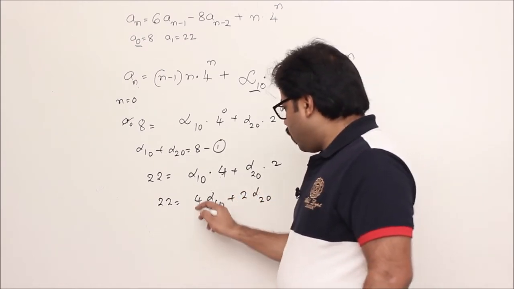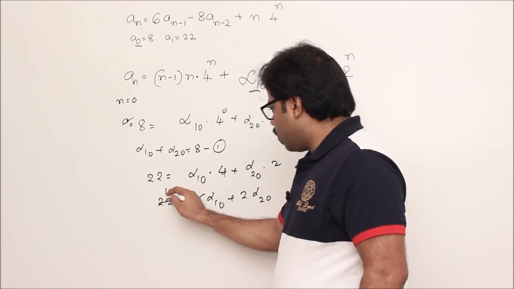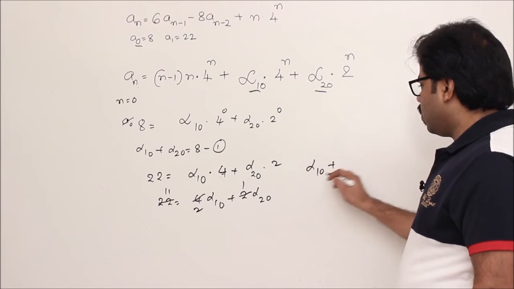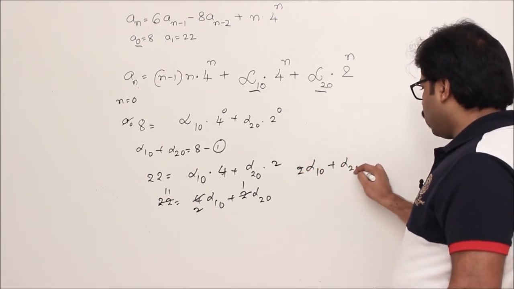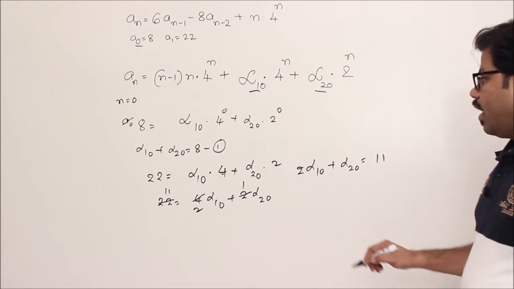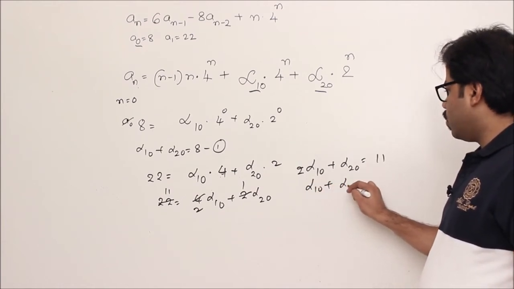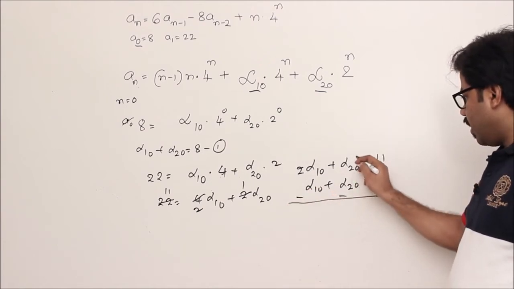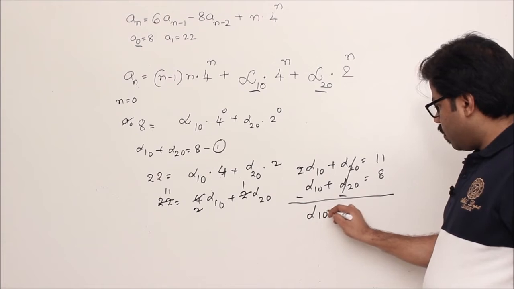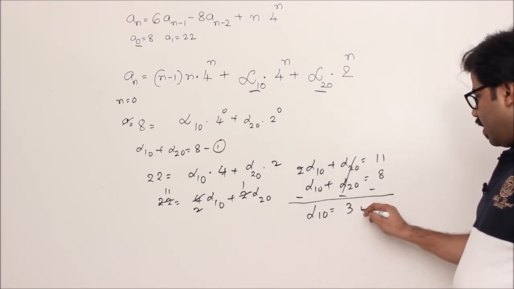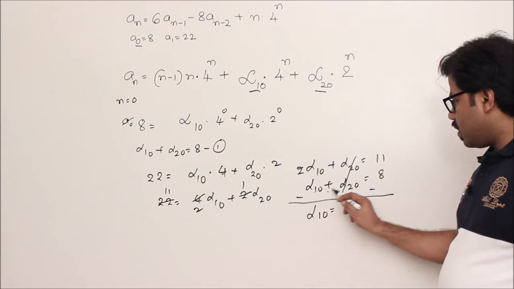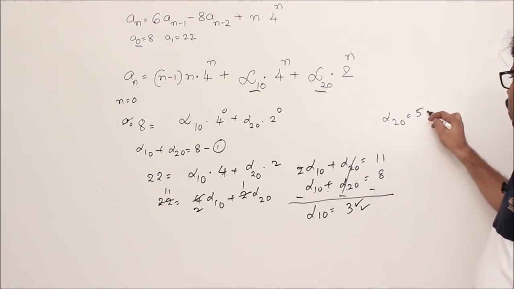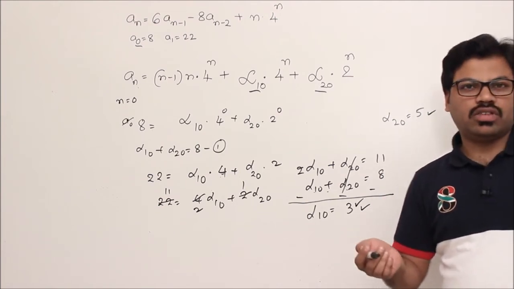Simplifying, 2 fours are 8... rather, 2 2s are 4, 2 11s are 22, 2 1s are 2, so 2 alpha 10 plus alpha 20 equals 11. And alpha 10 plus alpha 20 equals 8. Subtracting to eliminate a variable, alpha 10 equals 11 minus 8, which is 3. Since alpha 10 plus alpha 20 is 8, alpha 20 is 5. We got alpha 10 and alpha 20. This is how we have to find them.